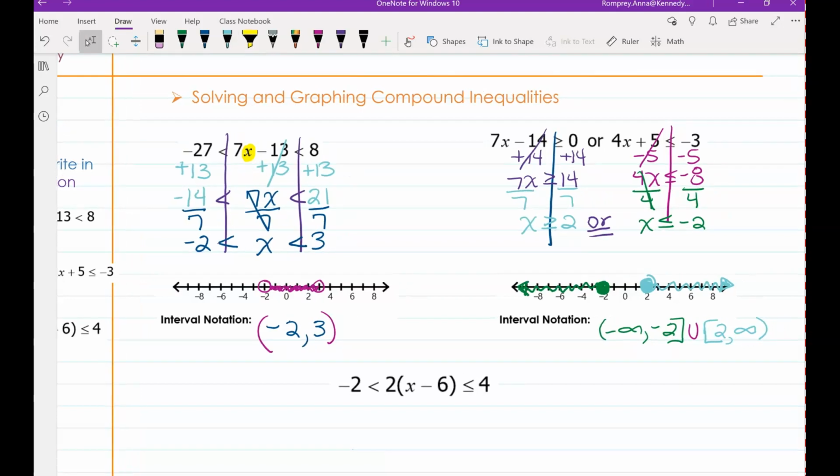Whereas if we have an or, I only have to be a solution of one inequality or the other. So that opens up the possible solutions a lot because we don't have to satisfy both pieces of the inequality like here. We only have to satisfy one or the other.